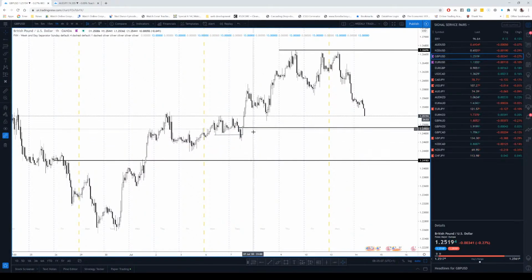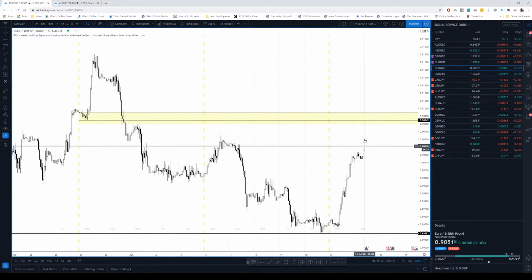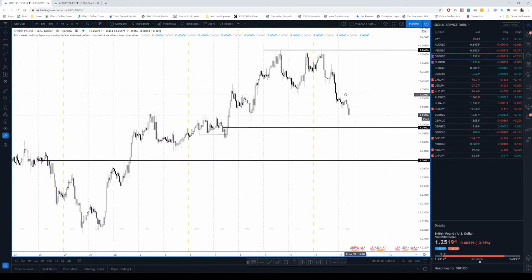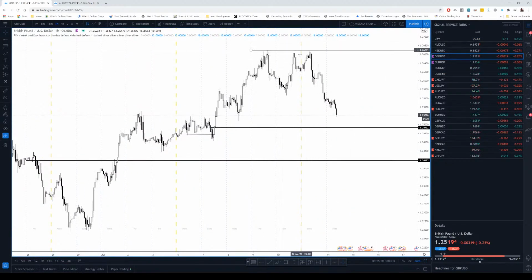But if we do break this, then my eyes will come down here as my secondary objective to look for a rejection and a buy. Okay, so here I'll be looking for a rejection because of where this thing is right now. So if I do get that rejection, straight in, I'm buying this, and I'll be targeting this equal high.